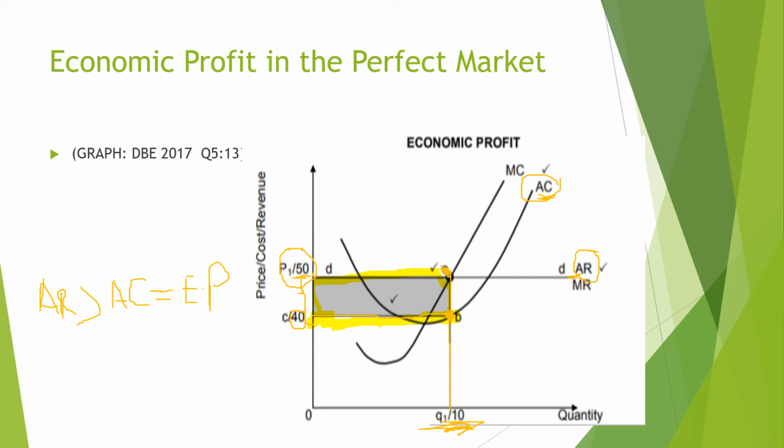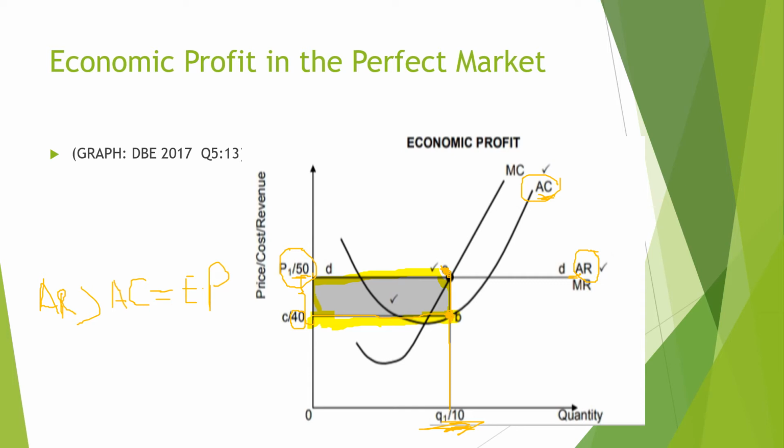multiplied by 40. So whatever the amount that is there, we were initially having our total revenue of 500, which was represented by the shaded area. Remember the shaded area? So now our average total costs are 40 multiplied by 10, which is 400.